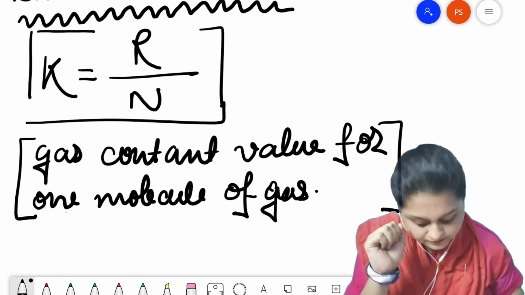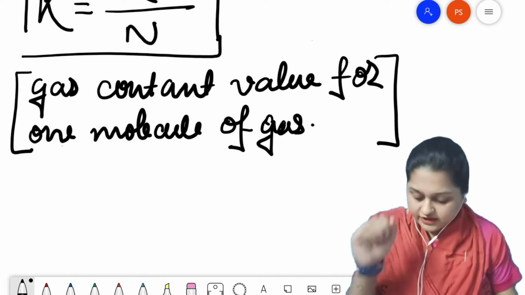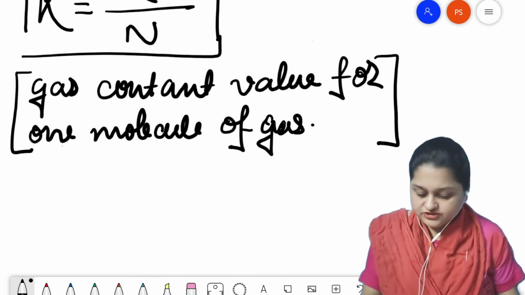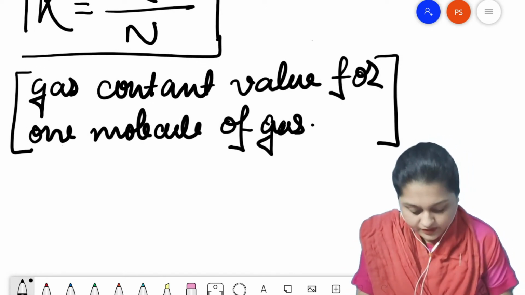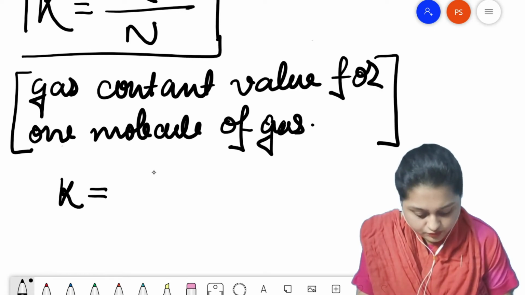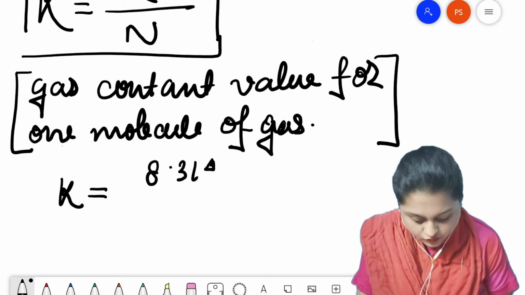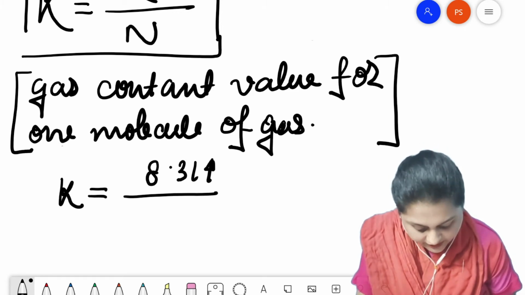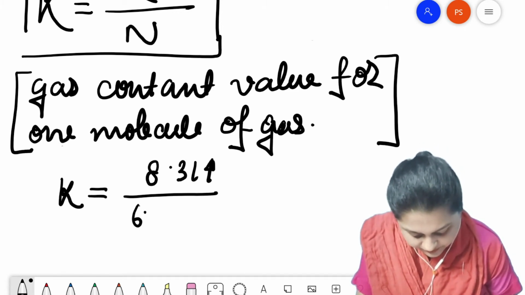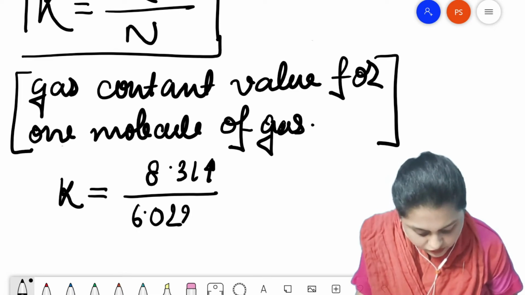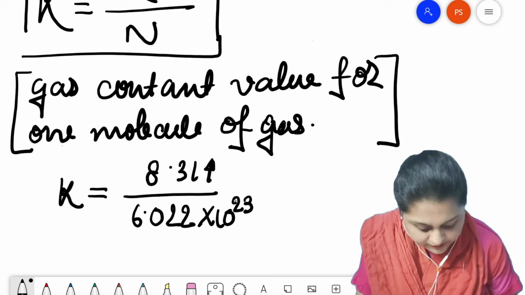This is the definition of the Boltzmann constant k, expressed by the equation k equals R by Avogadro's number N. So to calculate the value of the Boltzmann constant k, you can put the value of R, which is 8.314, divided by 6.022 into 10 to the power 23.